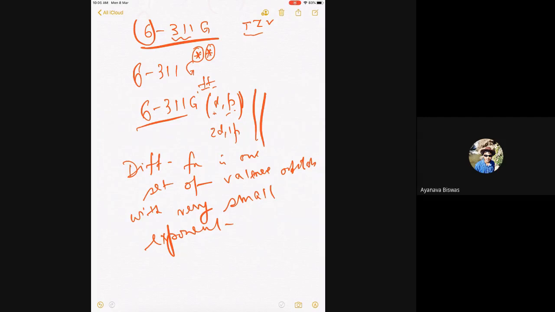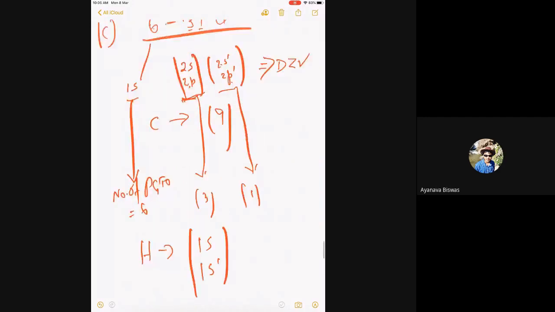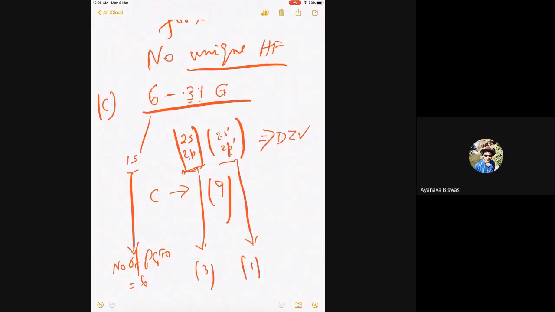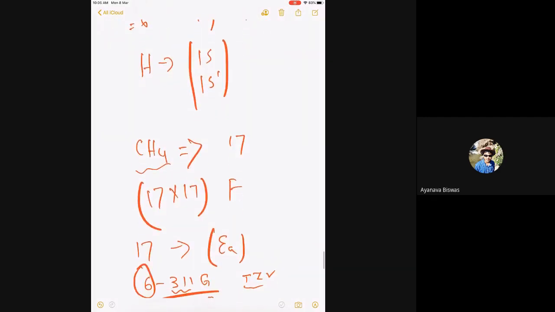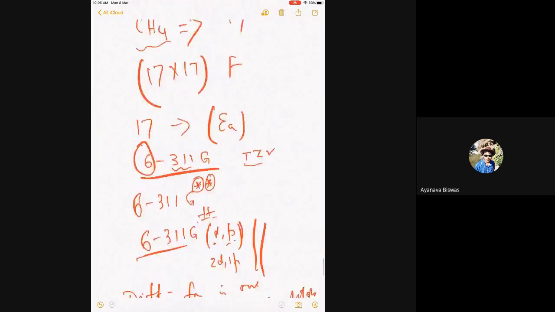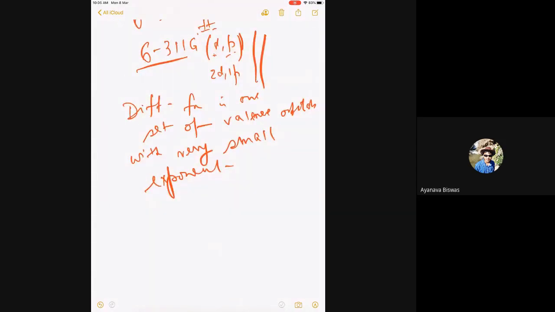But this is Pople's nomenclature, which is probably more standard, so I'm just writing that. So basis set nomenclatures and all that are more of an art. But the science is only this expansion. And of course, you have to have experience in basis sets. What works better? But I can tell you, the more the merrier. So the more you add, always better.